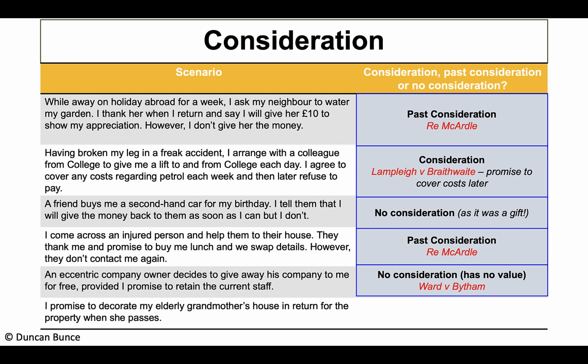But if we look at this, one party, the company owner, is saying that they will give away their company, but it's on the promise that current staff is kept. Therefore, the other party, who's going to receive this company, their promise here is going to be that they retain the staff. So what I'm trying to say is there is a sort of exchange of promises here, and I would say that has some value.